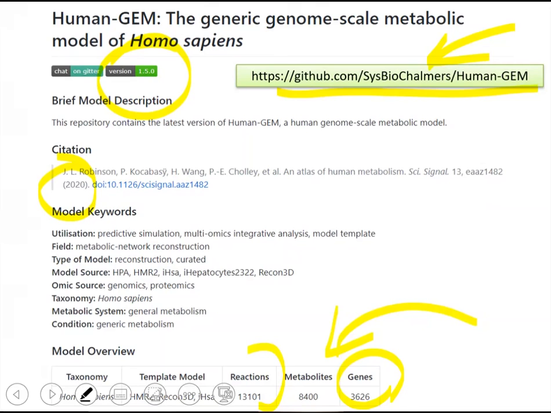In reconstructing Human-GEM, this most recent version, they used Recon 3D, they used HMR2, their previous model. They also used tissue-specific models such as iHepatocyte, which is a genome-scale metabolic model for liver cells.